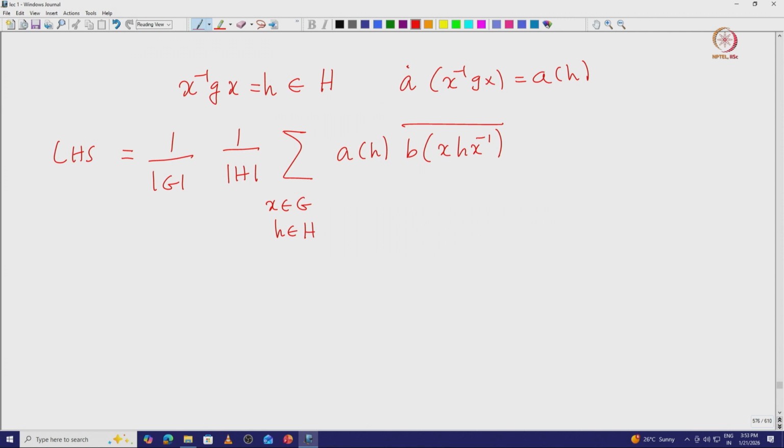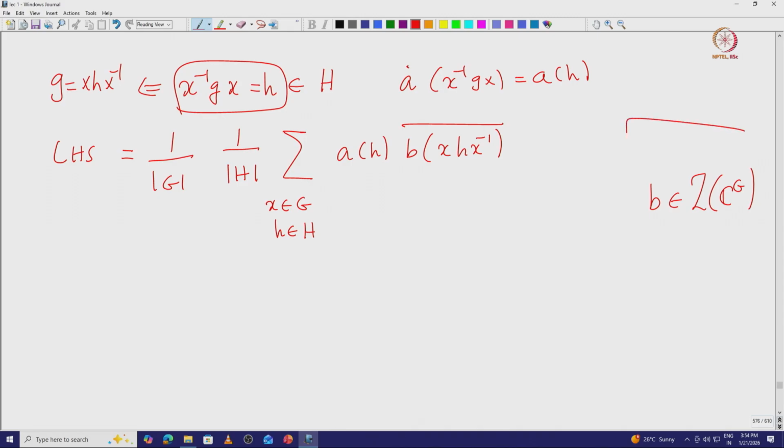This is because once you substitute h equal to x inverse g x, then g will be x h x inverse. So, from here you get g equal to x h x inverse. That is the substitution we have done. Now, note that b is indeed a class function on G. So, b is coming from the space of class functions of G. Since it is a class function, this value is equal to b of h bar.